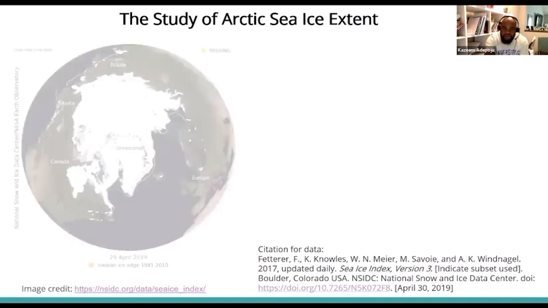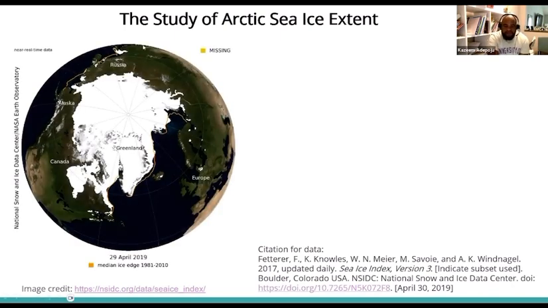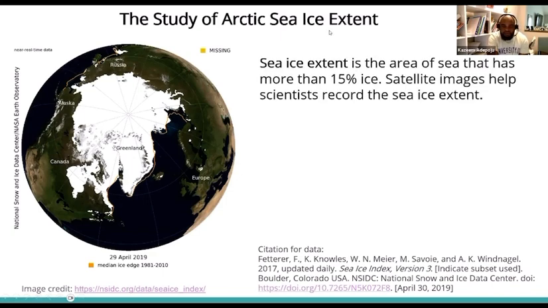In today's case study, I want to take a look at the study of Arctic sea ice extent. The sea ice extent can be defined as the area of sea that has more than 50% ice.